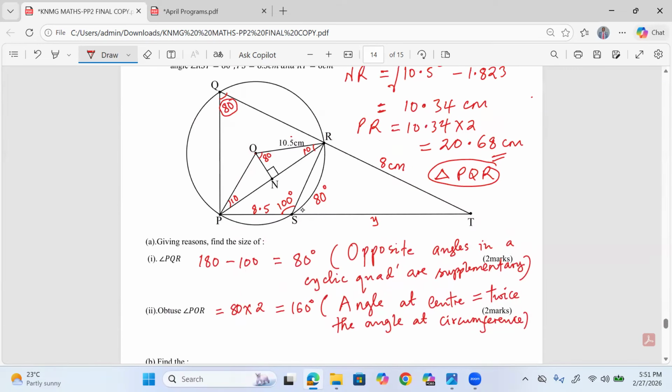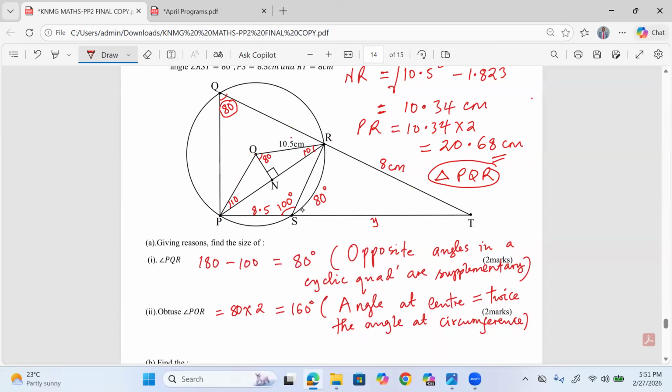The angle here is 50 degrees. Let me check according to this triangle. We are already talking about 10, 10, and this is 80, 80.